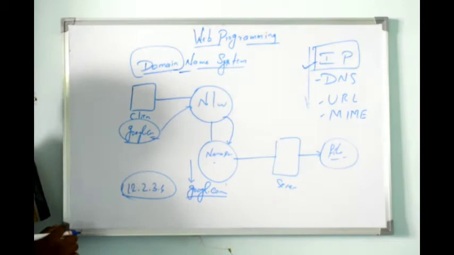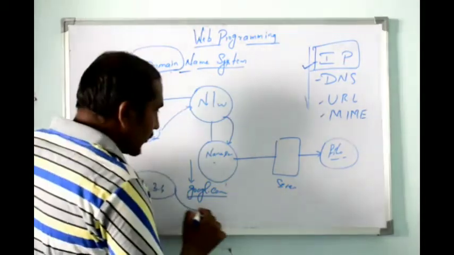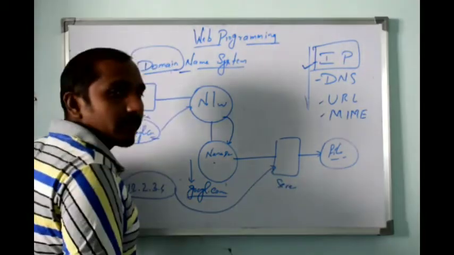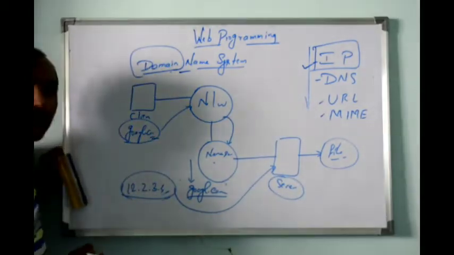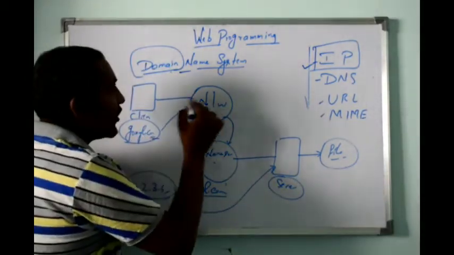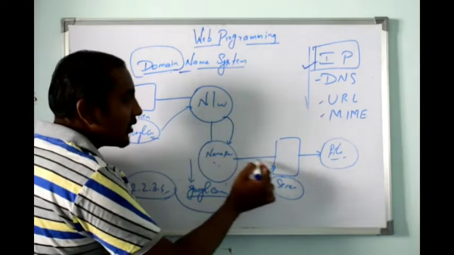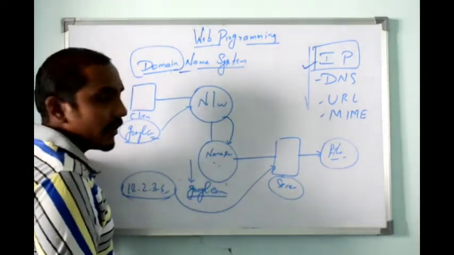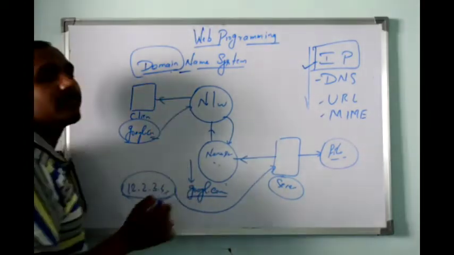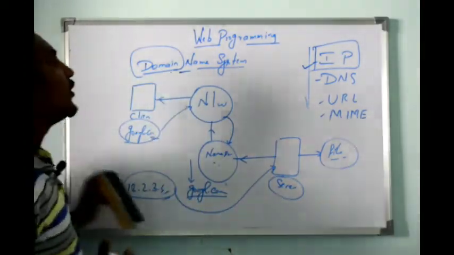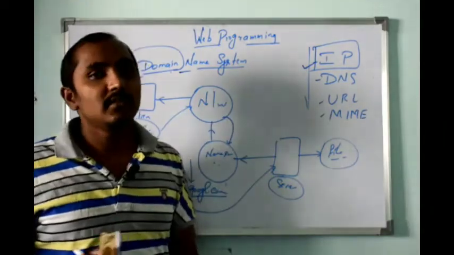This address will be your server's address, or the device that is your server will have this IP address. So whatever information you send is sent to the name server. From the name server it is going to identify the device. From the device you are going to get the response to your client. Okay, this is how we are going to use the domain name system.